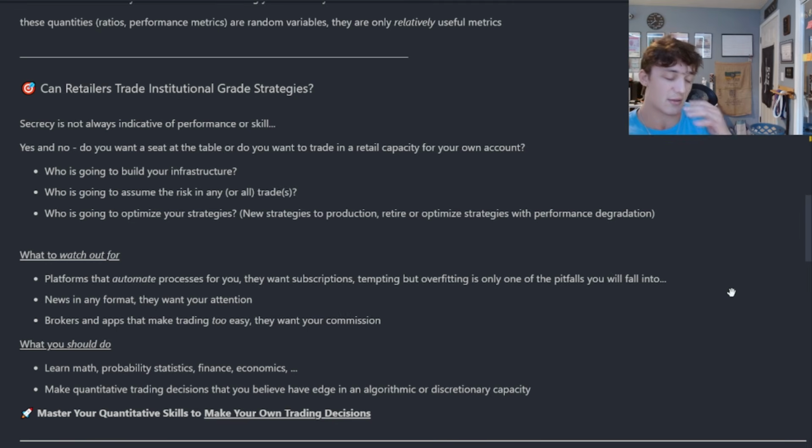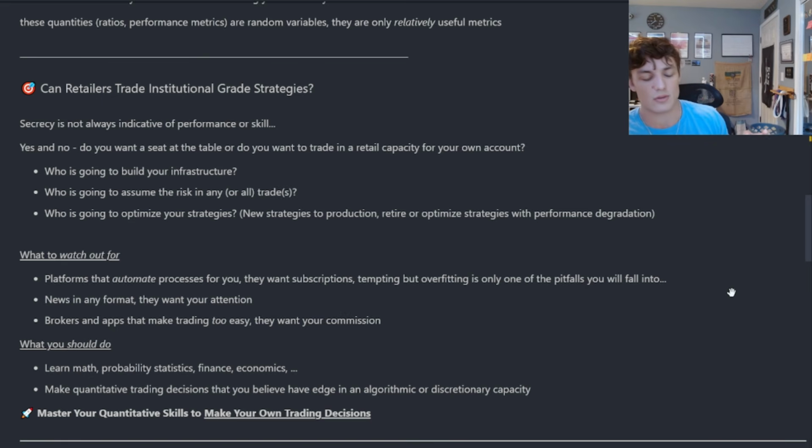They don't know anything. You see, is it the Motley Fool or something that's like, these 3 stocks will make you rich? It's absolutely insane what people are willing to sell in terms of news and information, as if they know something that you don't. That's never the case at all. Moreover, brokers and apps make trading way too easy.